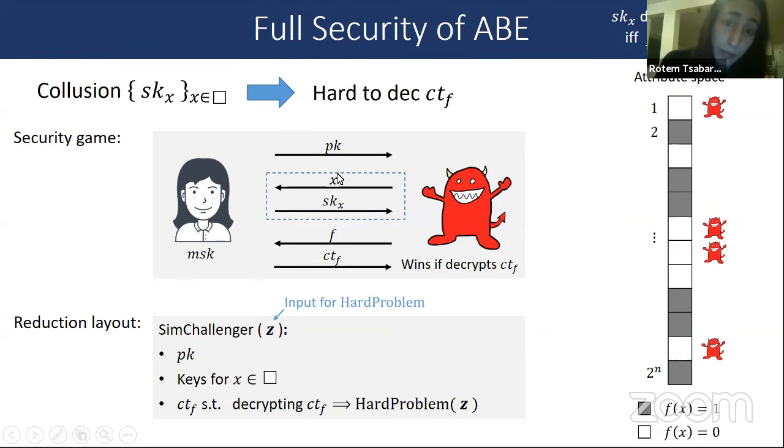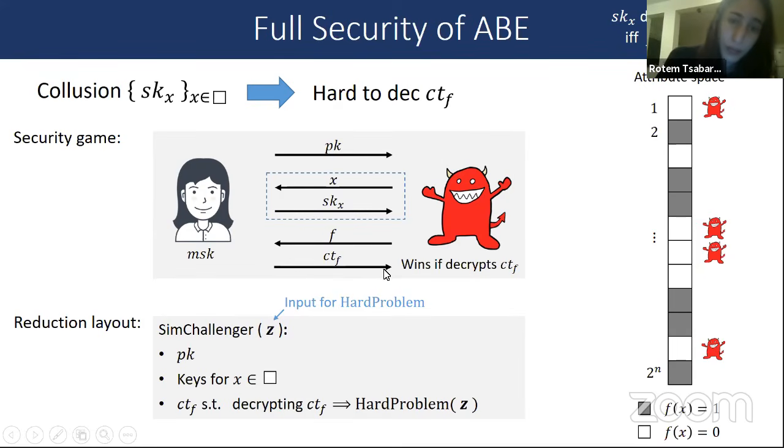Then we should be able to answer all of the key queries. So whenever an adversary asks for a key for some X that is in the non-authorized space, the white space, then we should be able to simulate a proper key for that attribute. And eventually in the challenge phase, we have to simulate the ciphertext.